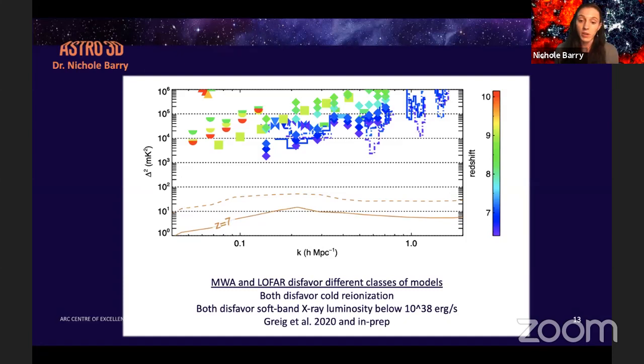They both disfavor cold reionization. They also disfavor soft band X-ray luminosities below about 10 to the 38. If you're interested in learning more about these constraints, you can look at Greig et al. 2020 and his upcoming other paper as well.